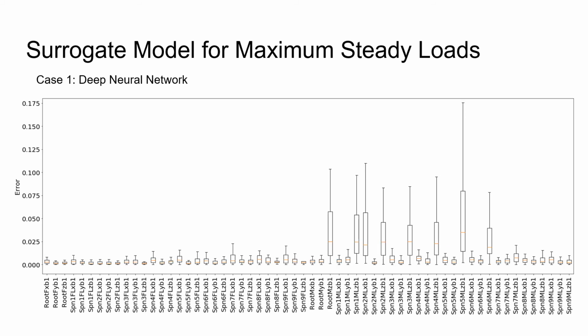In the case of the deep neural network model, the same response is found, but in this case the error can reach, for the same output, 0.175.